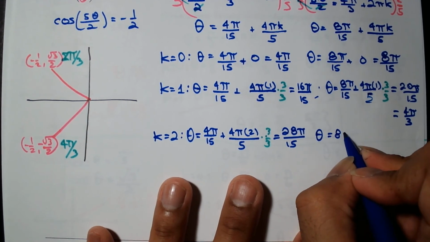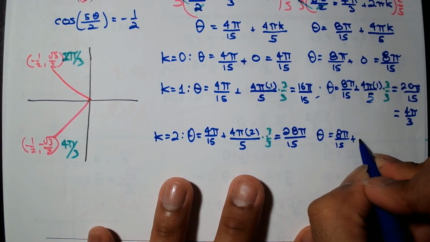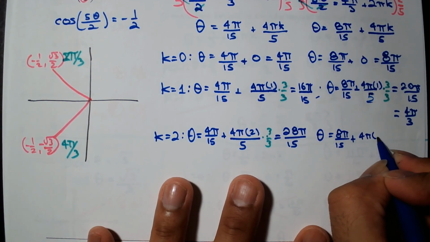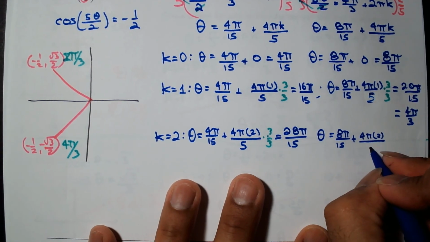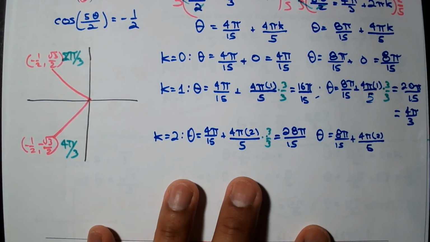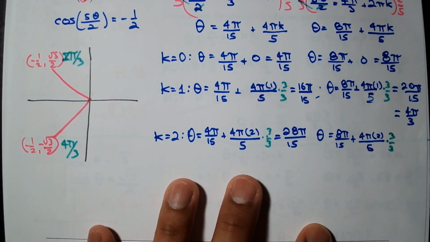So 8 pi plus 4 pi times 2. In this case, is this 2 for K over 5. And the same, I need 3 and 3.